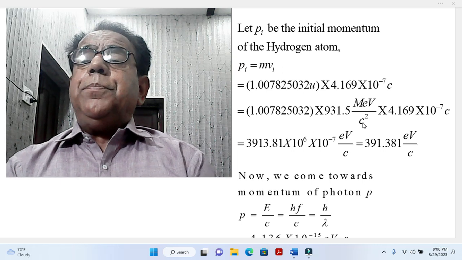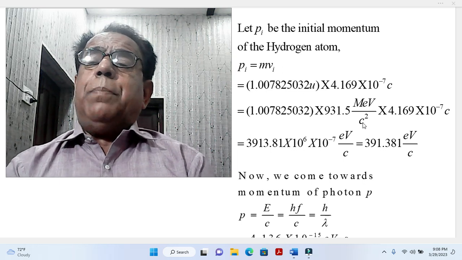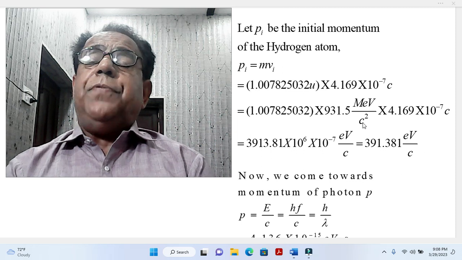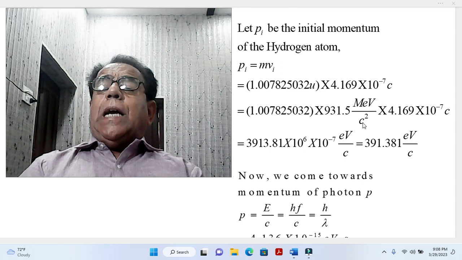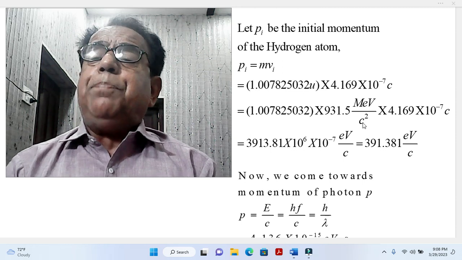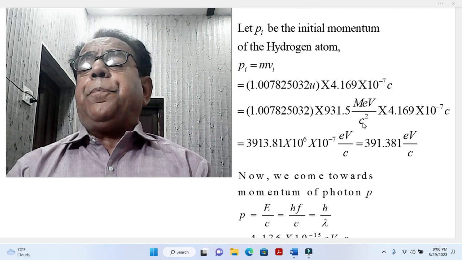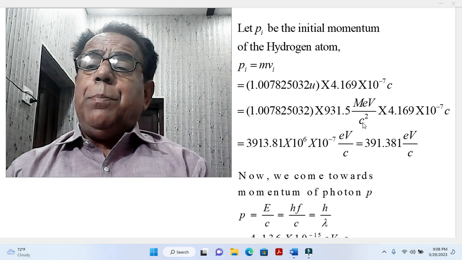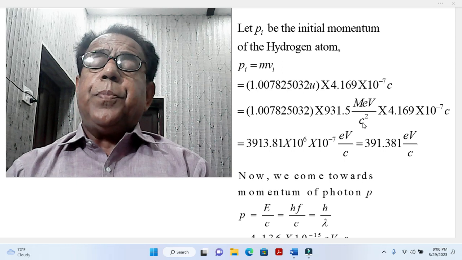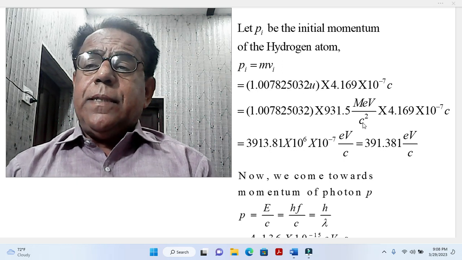What we have done: pi is equal to mvi. We have used the value of vi which we have calculated in the previous part of this problem. Moreover, in place of m we have used the value of m which is given in the tool in which a table is introduced.